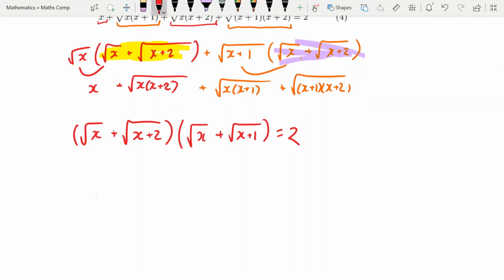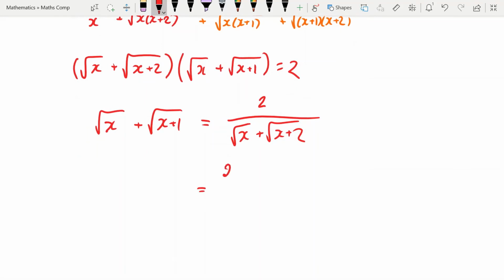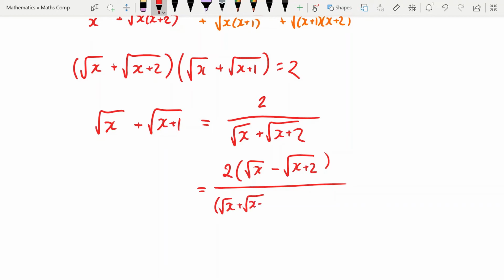So we've got root x plus root x plus 1 is equivalent to 2 over root x plus root x plus 2. You can rationalize this by multiplying 2 times root x minus root x plus 2 all over root x plus root x plus 2 multiplied by root x minus root x plus 2.